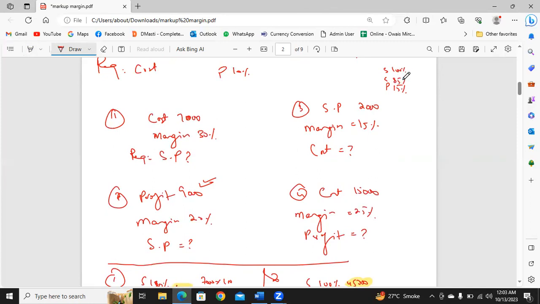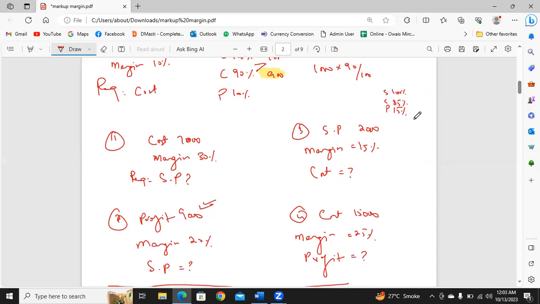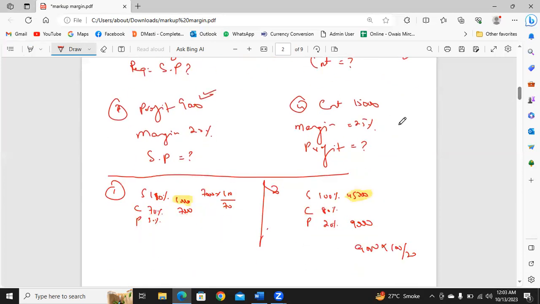Cost is 85%. So 2,000 into 85 divided by 100. So it will be 1,700. Yes, exactly, 1,700.